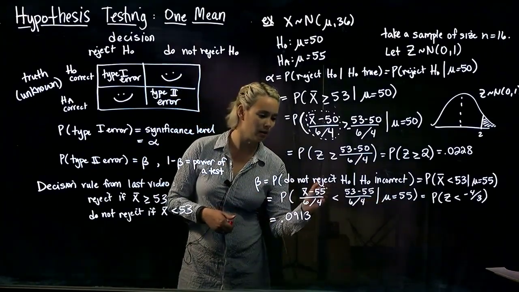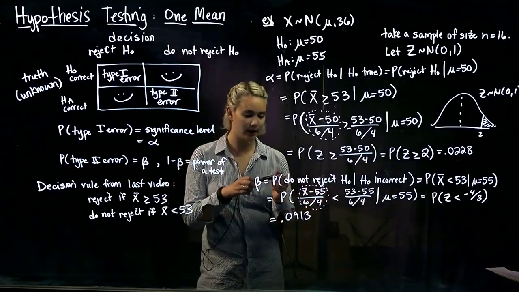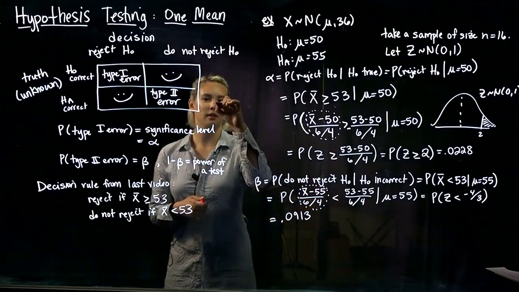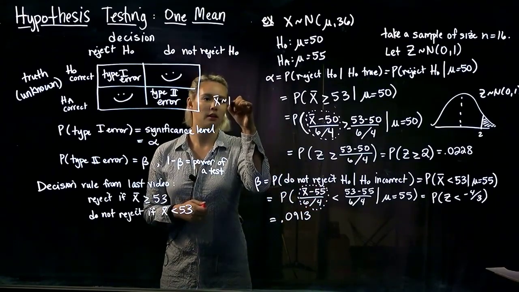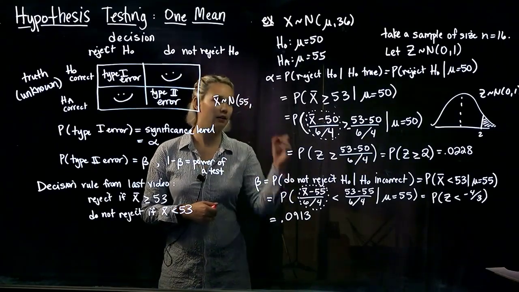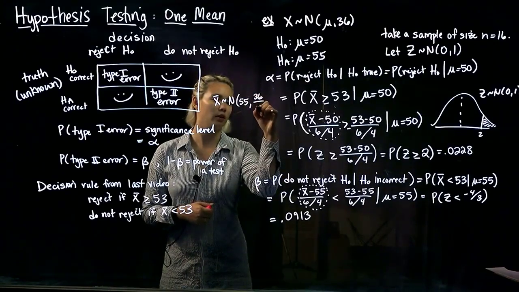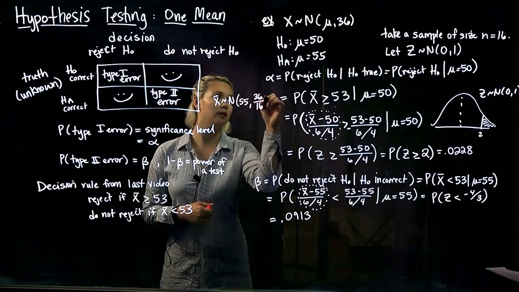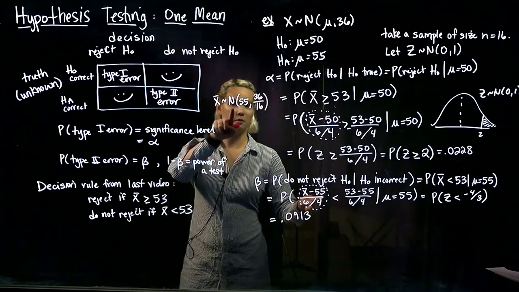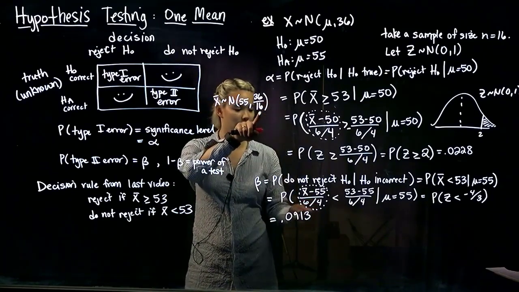So again, this quantity here is a standard normal random variable, right? Because we know that x bar has a normal distribution with mean 55 and variance 36 over 16. So we've subtracted off the mean and divided by the standard error, which is just the square root of 36 over 16.